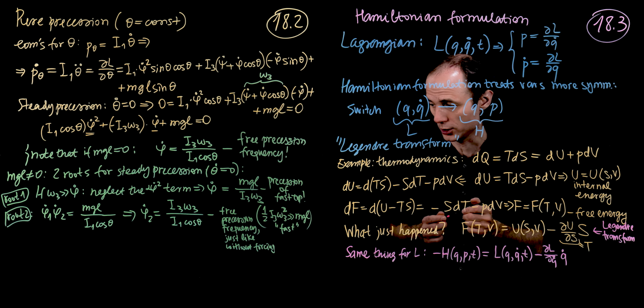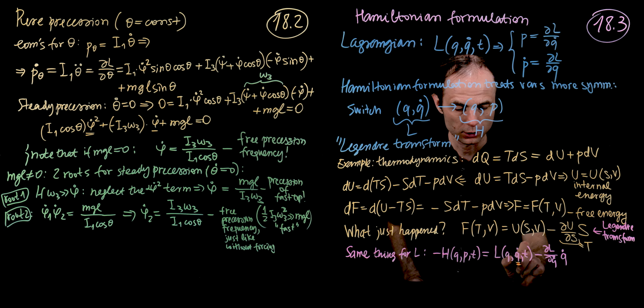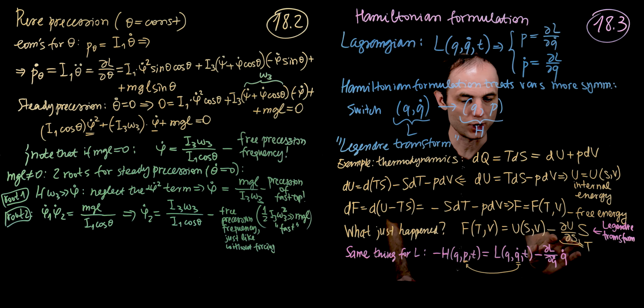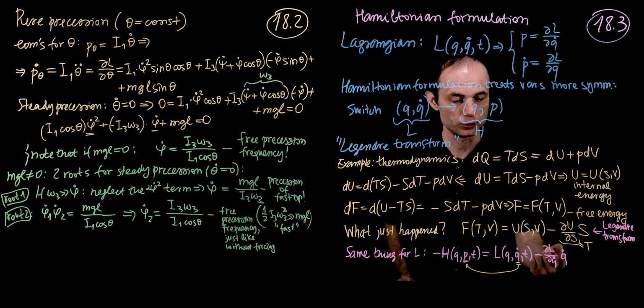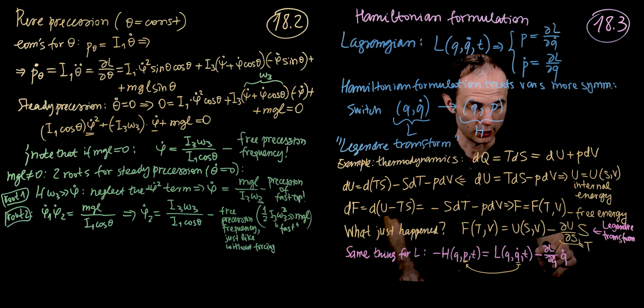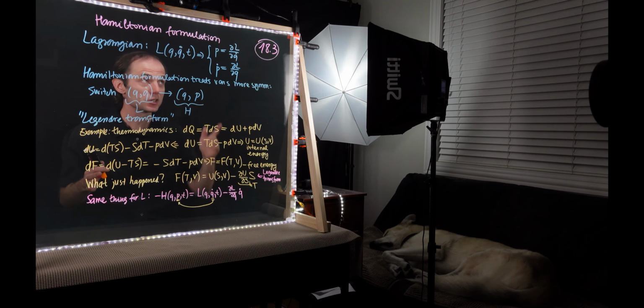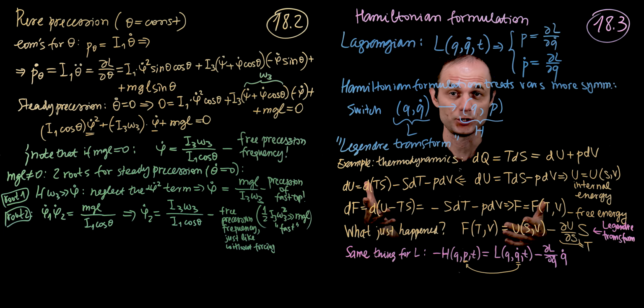And so what we're doing is we are trading the q̇ for P. So similar to how we traded entropy for temperature, here we're trading q̇ for P by subtracting off the partial derivative of L with respect to the variable that we would like to trade, times the variable itself. With this insight, in the next part, part 4 of our lecture, we're going to derive equations of motion in the Hamiltonian formulation. And I'm going to see you there.